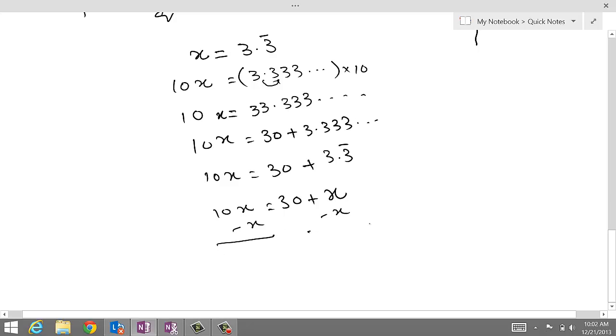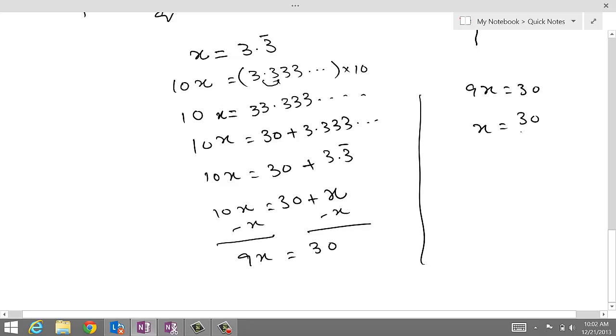So this gives us 9x equal to 30, which gives x equal to 30 over 9. To bring this into lowest form, we divide the numerator by 3 and the denominator by 3 as well, which gives us 10 over 3.